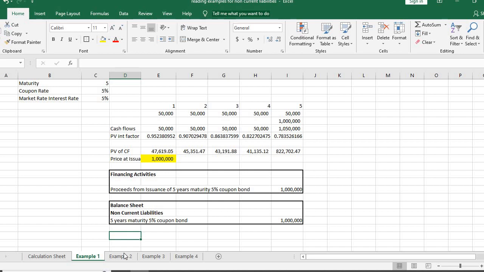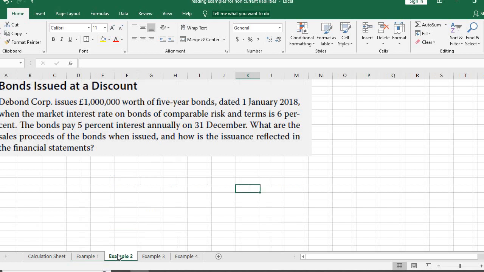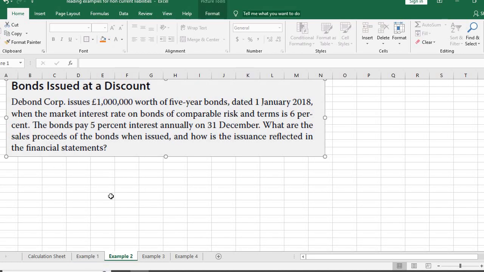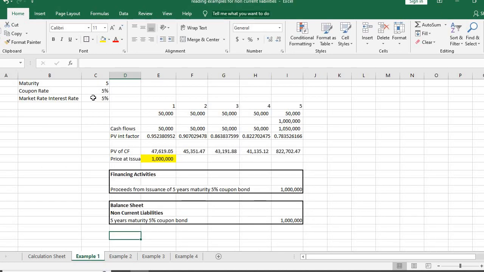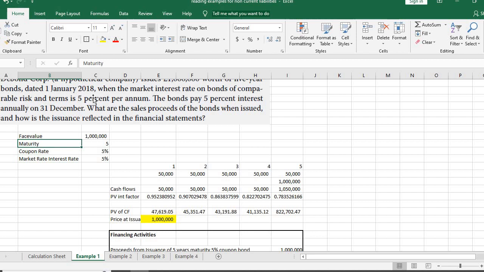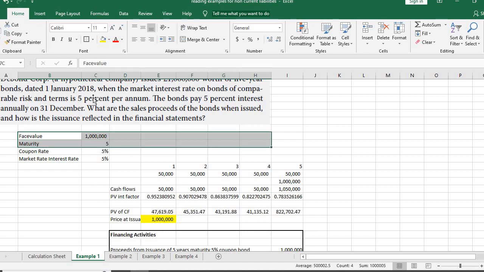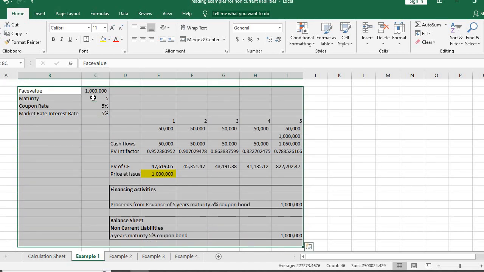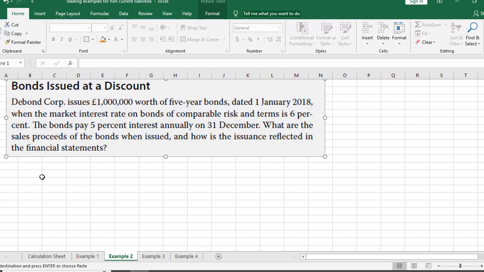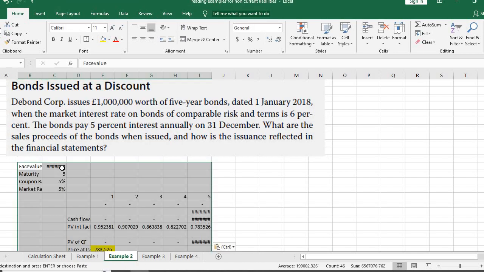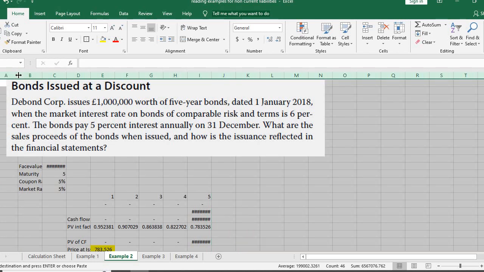Moving on, we are going to work out another example, which is bonds issued at a discount. I'm just going to copy everything from here. In this example, we're going to see another bond being issued.